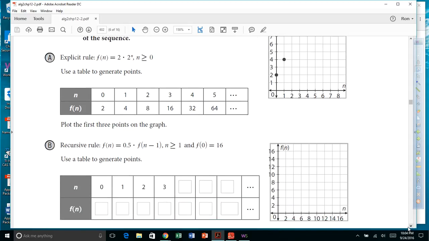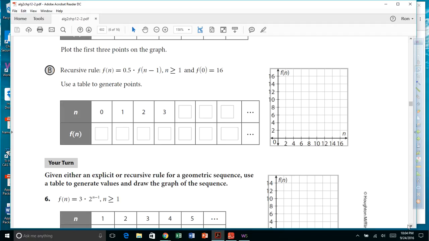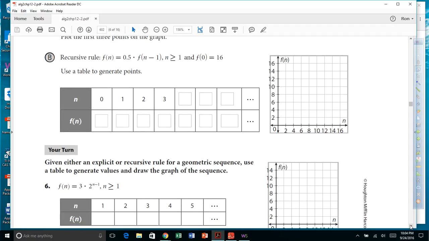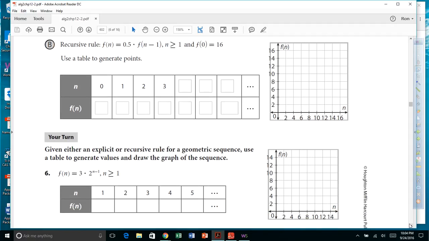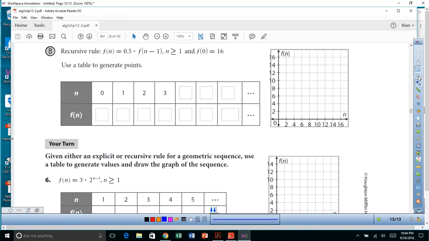Stop the video and review it, and then come back and we'll do B. All right, glad you're back. Recursive rule, f of n equals 0.5 times f of n minus 1. All right, so we got 0, 1, 2, 3, 4, 5, 6.